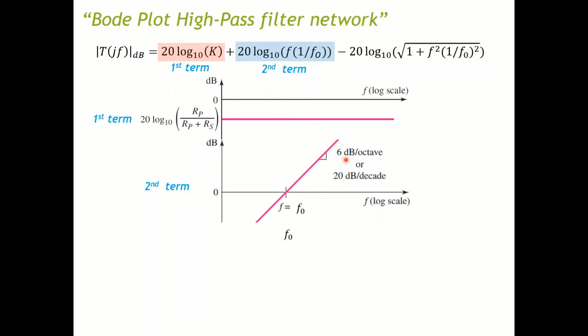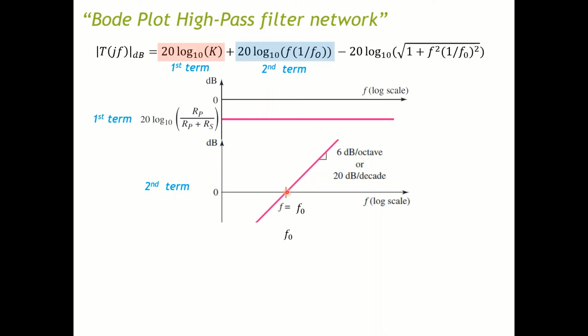So octave means frequency increased by a factor of 2. So let's say 2 hertz, 4 hertz, 8 hertz, something like that. 20 dB over a decade, and decade means frequency increased by a factor of 10. So 10 hertz, 100 hertz, 1000 hertz, something like that.